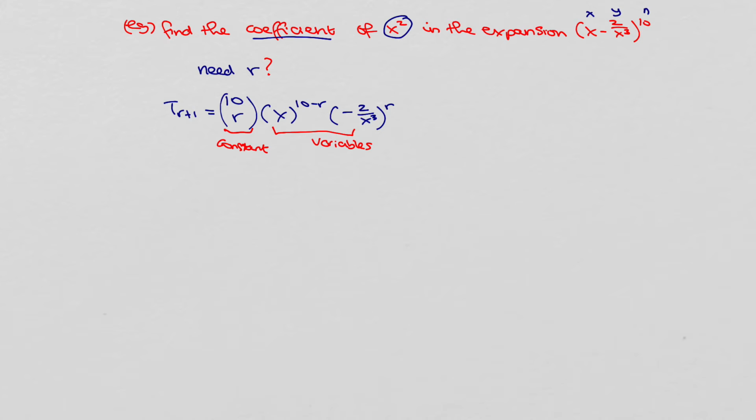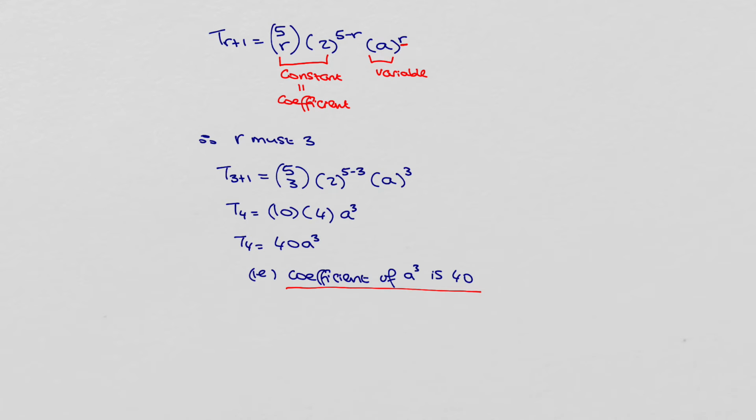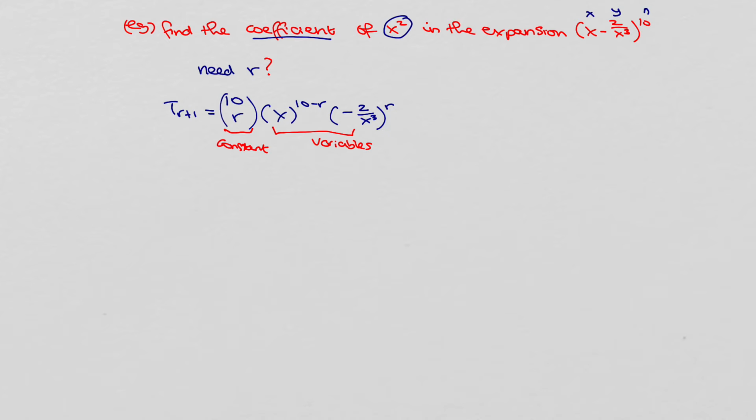So if I'm looking for x squared, I don't have the obvious x to the power of r, like in the previous question where it was a to the power of r. Here I have x to the power of 10 minus r multiplied by minus 2 over x cubed to the power of r. So what I'm going to have to try and do is simplify these using my indices rules so that I end up with x to a power, and then I know that that power has to equal 2.